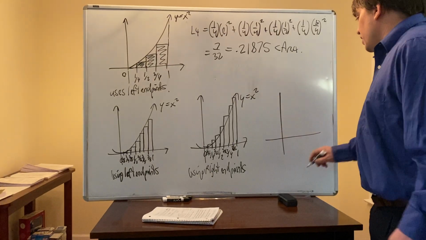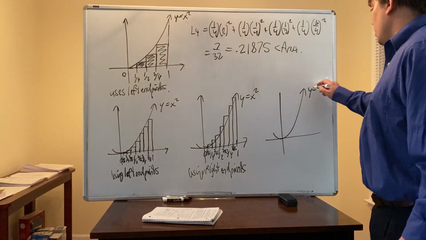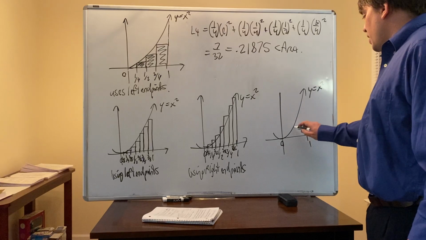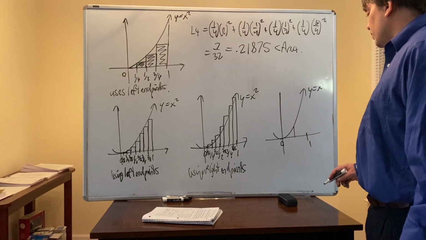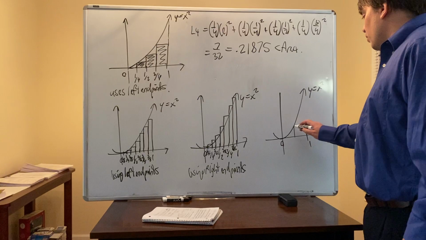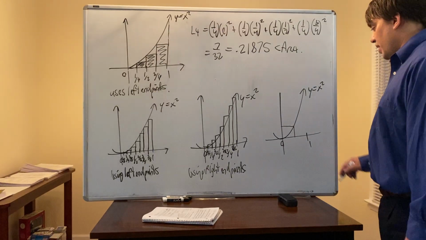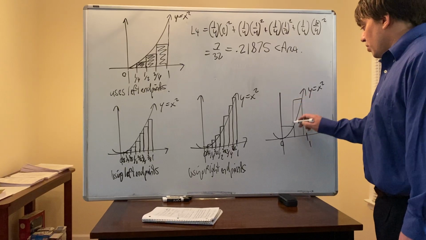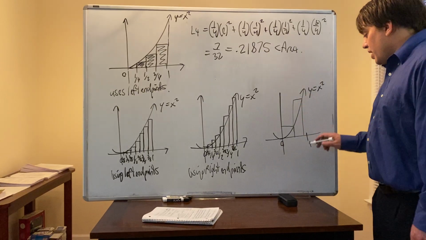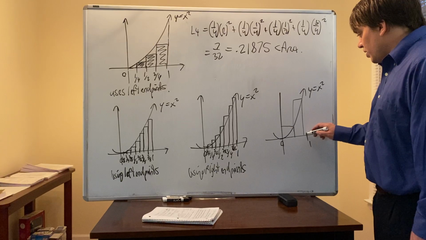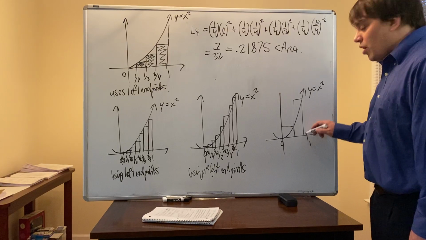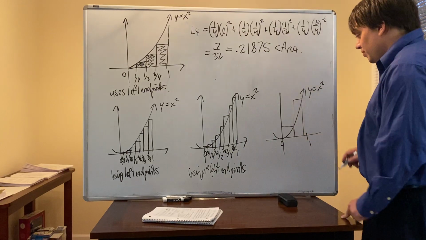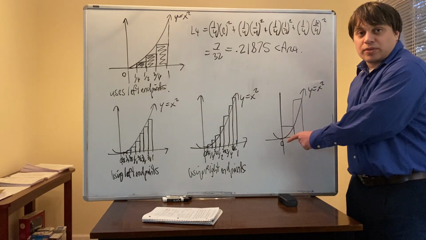For instance, if you had y equals x squared here from 0 to 1, and let's say you had a rectangle like this to approximate this area, and then let's say you had this rectangle here to approximate area, but then in between, in this very small section left, you then had like 100 approximating rectangles in just this little tiny amount of space, and the entire rest of the space you use 2 big ones.